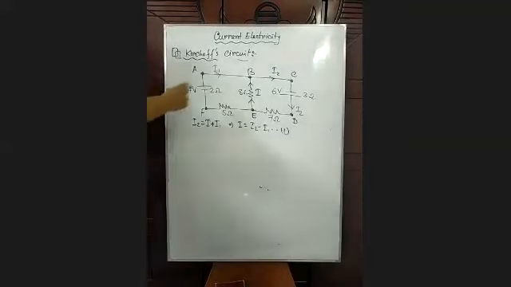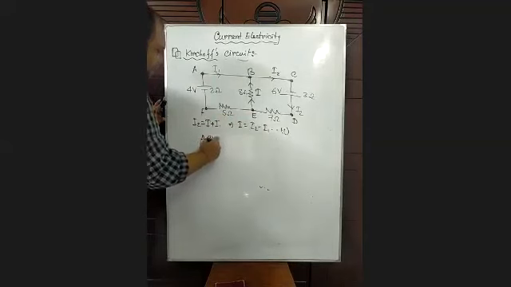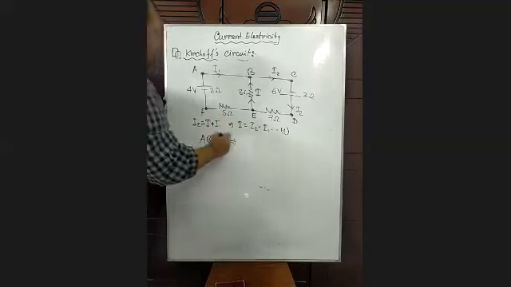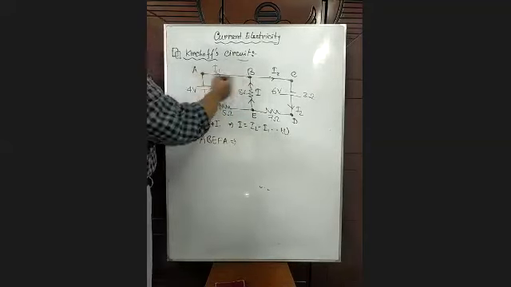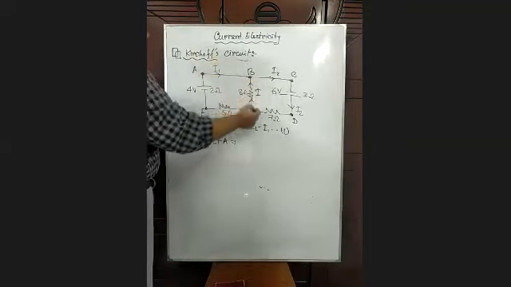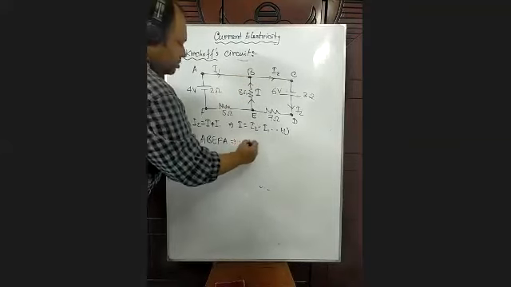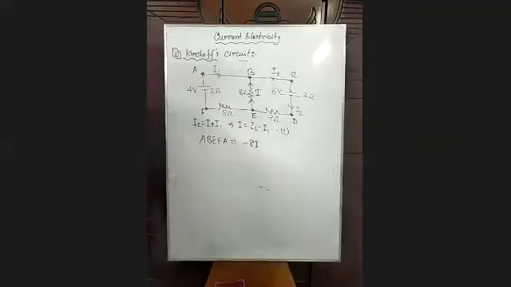The first loop: A, B, E, F, A. I am going A to B, current also goes A to B, but there is no resistance, so ignore it. Then B to E: I am going B to E, but current goes in the opposite direction, so it's minus 8I.